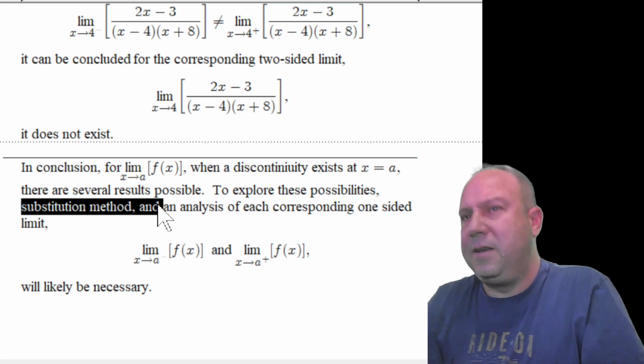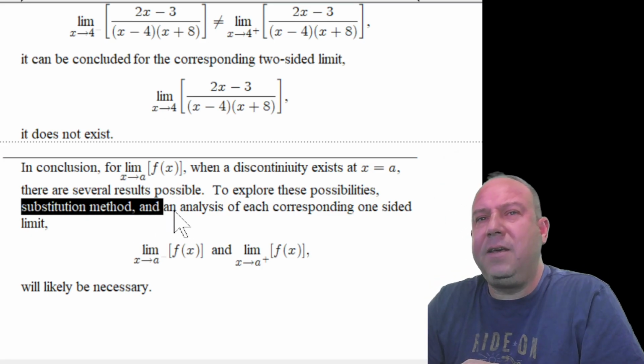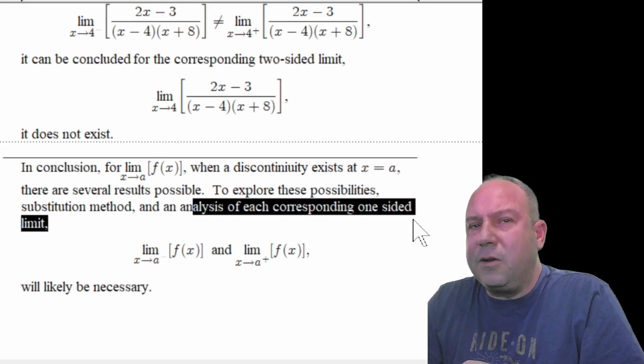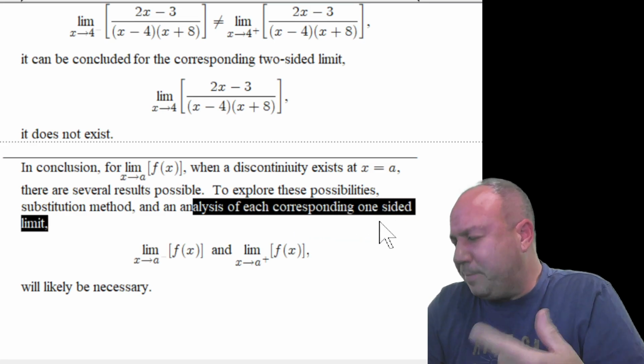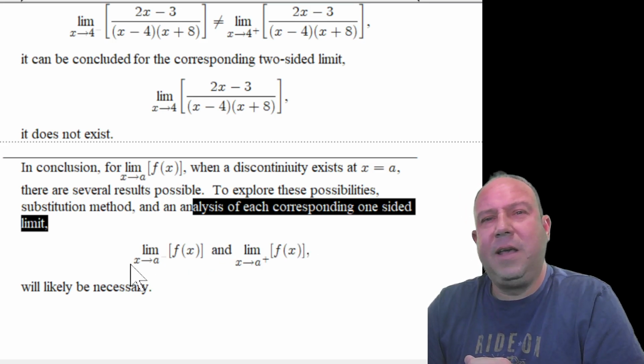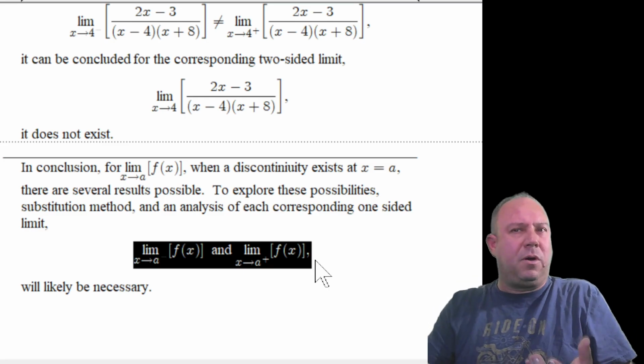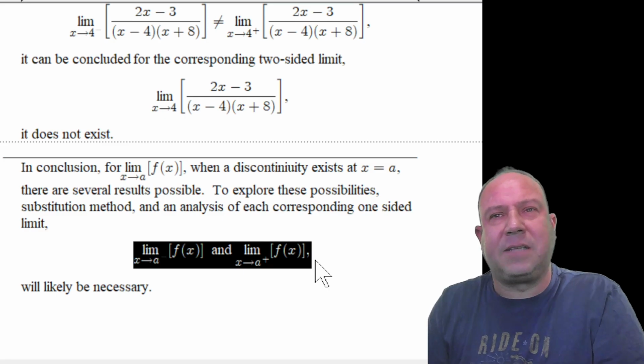And then from the substitution method, you're going to follow with some analysis of the one-sided limits. An analysis of these limits is always going to be the next step in the process.